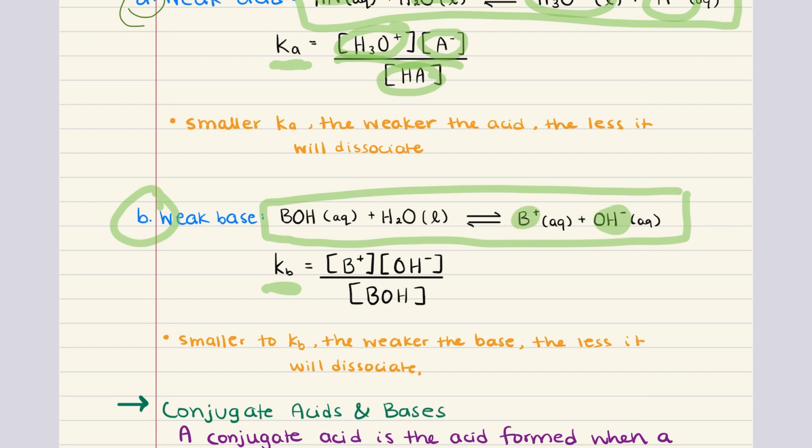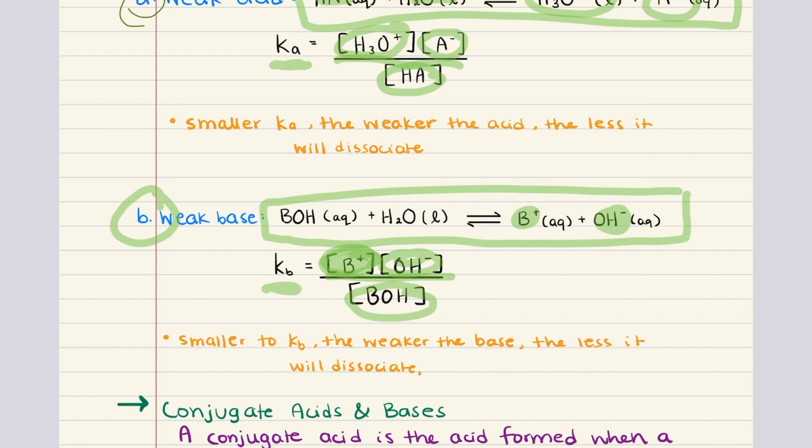Now we can go ahead and write our equilibrium expression for this dissociation. Kb is equal to the concentration of hydroxide ions multiplied by the concentration of the conjugate acid. And this is all divided by the concentration of the weak base. The smaller the Kb, the weaker the base, and the less it will dissociate.